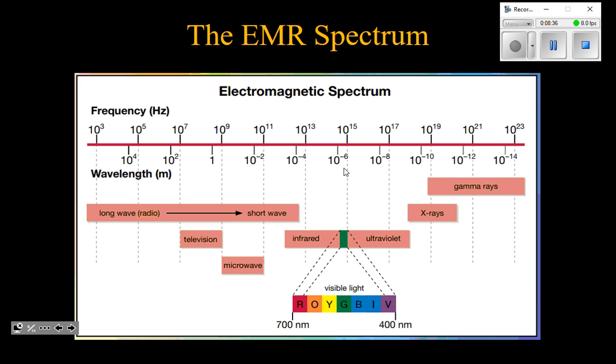You might be asked about certain regions on a normal diploma exam, but you're given the table in your green booklet. For today, I'm going to ask you a couple of questions in your bell work. A particular EMR has a frequency of 2.5 times 10 to the 21. What region would it be in?